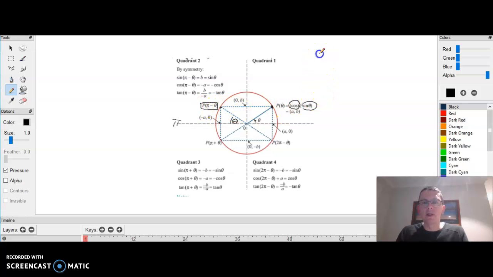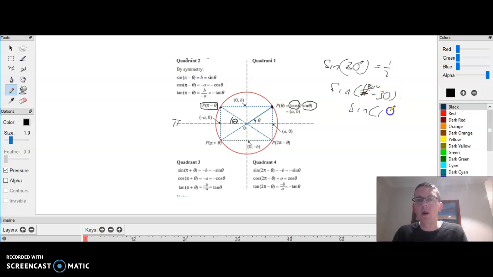Let's look at, for example, a value, sine 30. Going back to year 10, sine 30 equals a half. So what is sine of pi minus 30 degrees? I'm working with radians and degrees, which isn't the same thing, so let's just go with 180 degrees, because we know pi is 180. That minus 30 is sine 150.